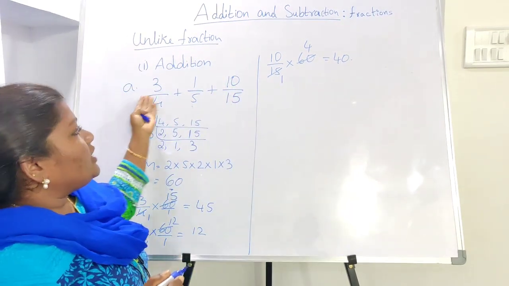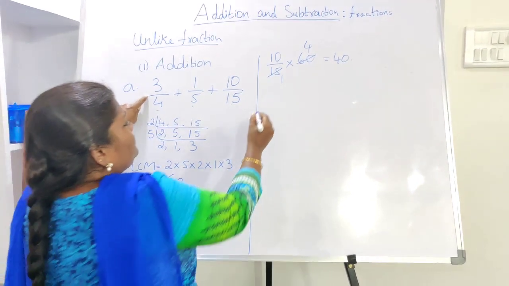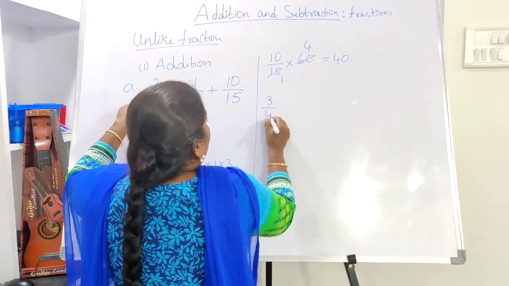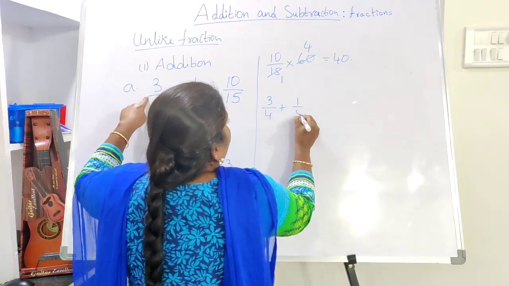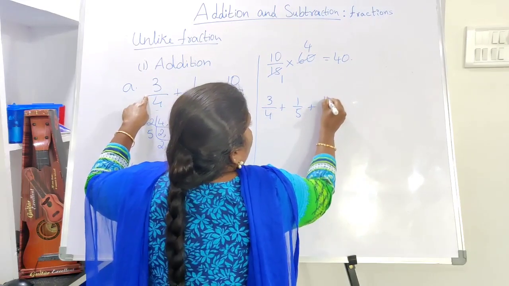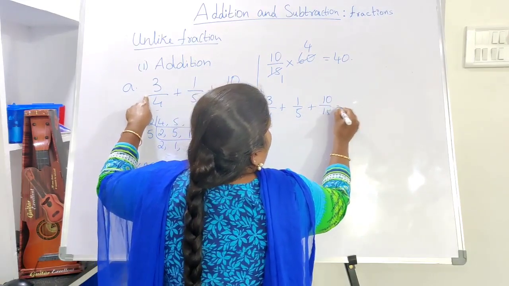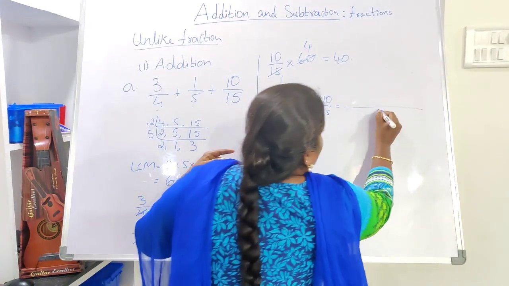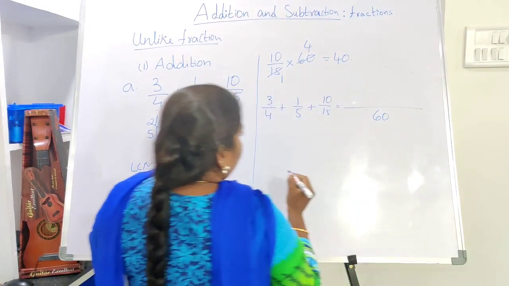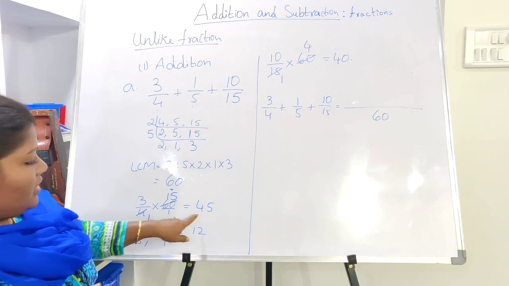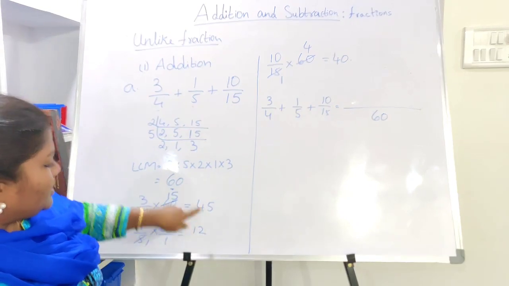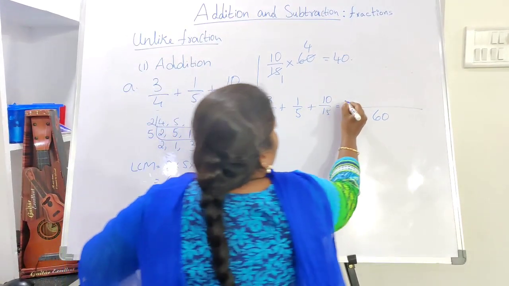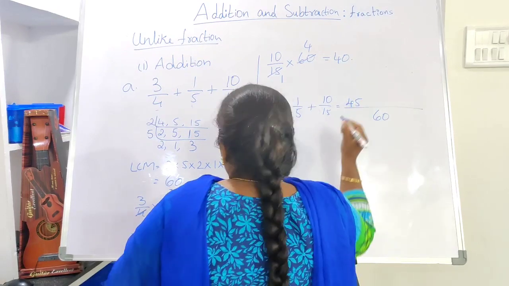Now you just write down the question, that is 3 by 4 plus 1 by 5 plus 10 by 15. Now the LCM you got is 60, just write 60 in the denominator. When I cancelled, I got the answer for the first fraction as 45. So 45.